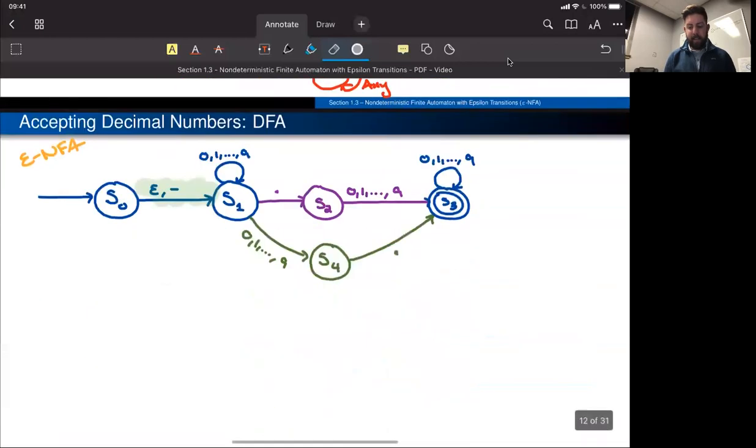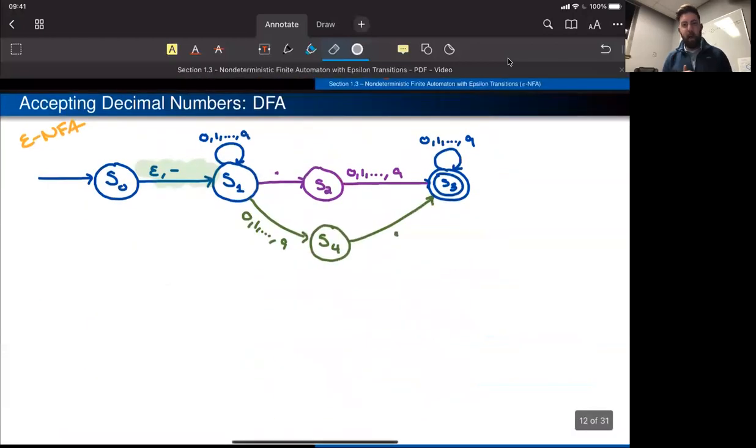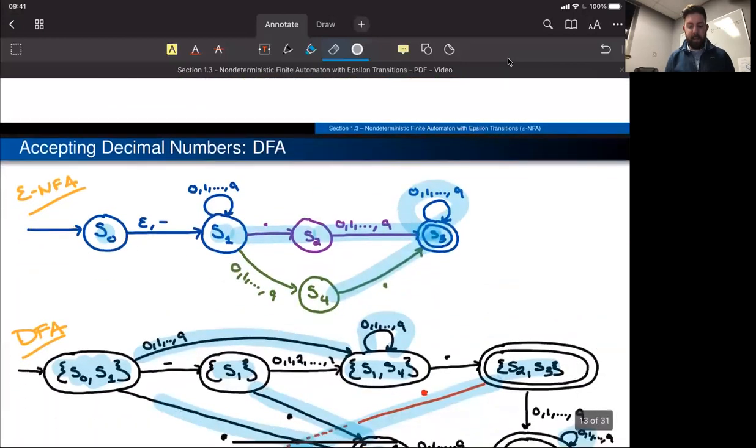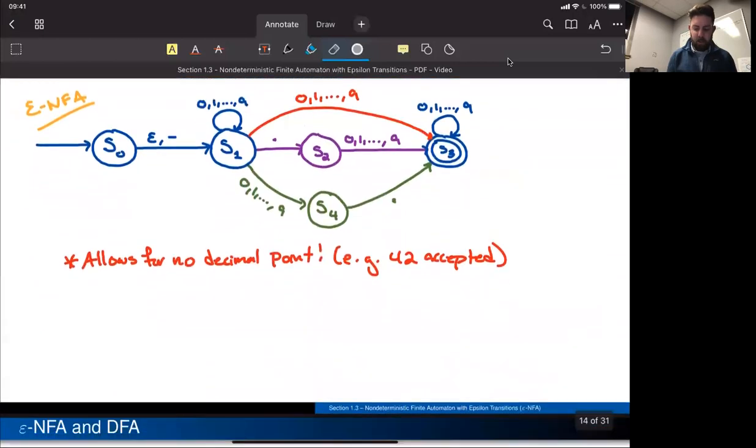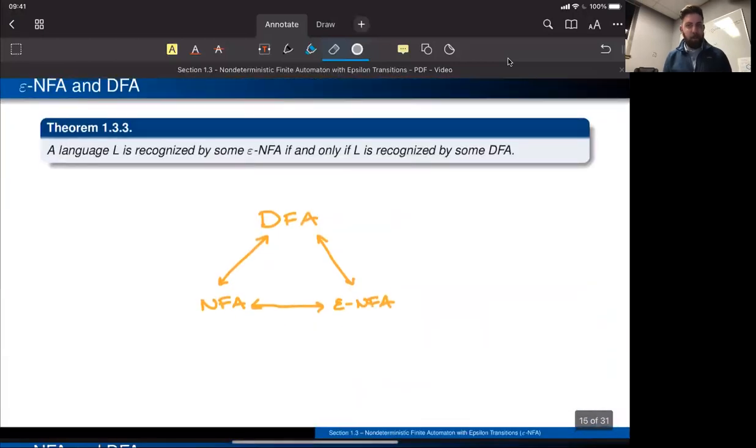So again, that same little game that we played before is that anytime you have one of these weird little non-deterministic machines, even if you add in this epsilon transition, you can always convert this thing into a deterministic machine, which actually leads us to our nice little theorem statement, is that anytime you have a language recognized by one of these non-deterministic machines with a potential epsilon transition, you can actually construct a deterministic machine for that exact same language.